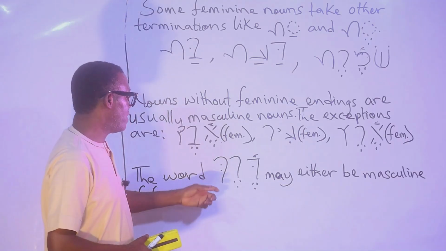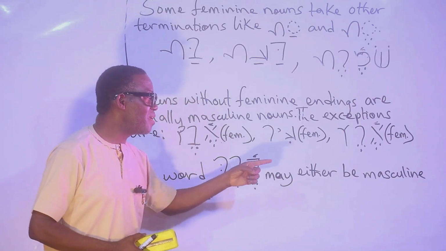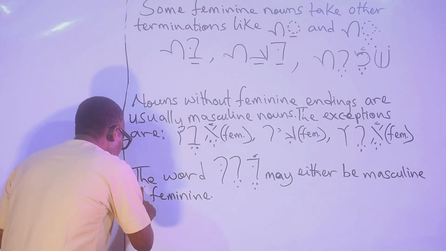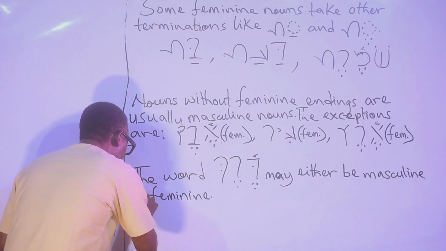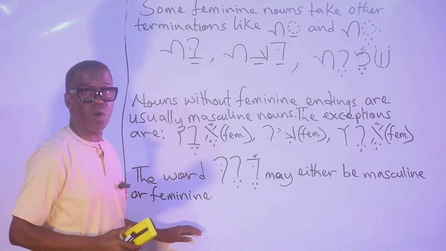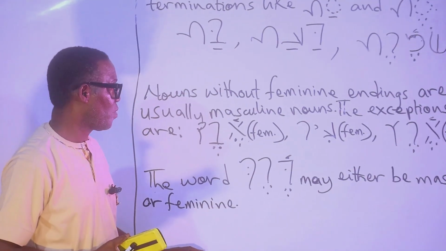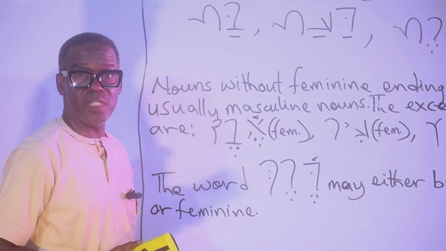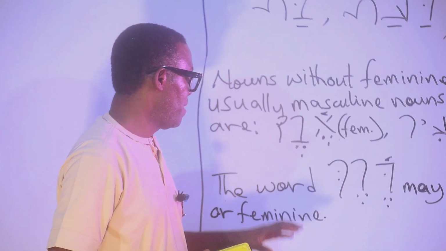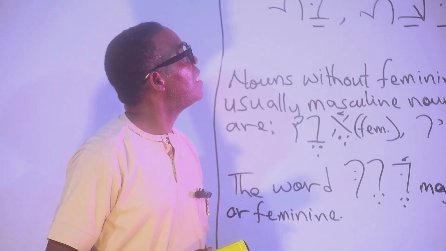Then lastly, the word derek, which can be way or path, may either be masculine or feminine. So one has to take note of all these nouns as they are being used, because when you are using them, you have to be careful that you can easily identify the masculine nouns from the feminine nouns. Now we'll move on to article.